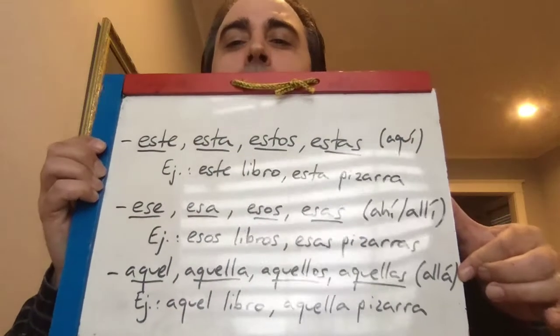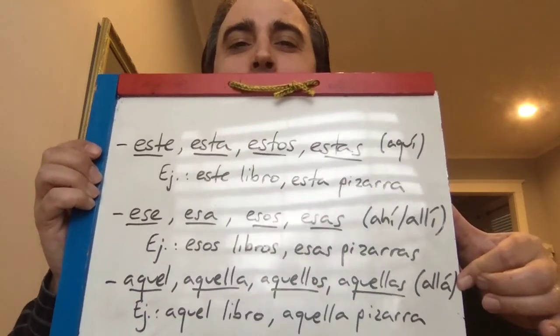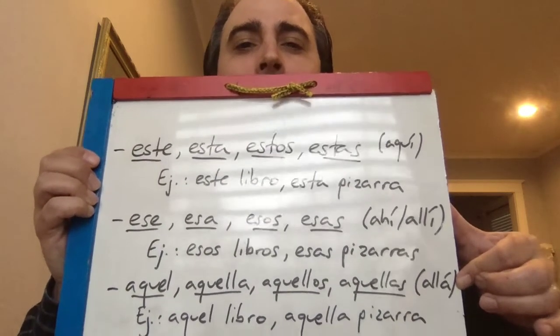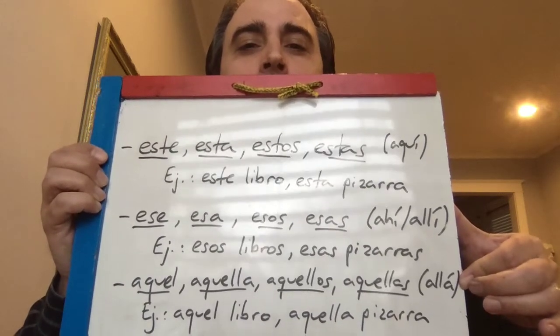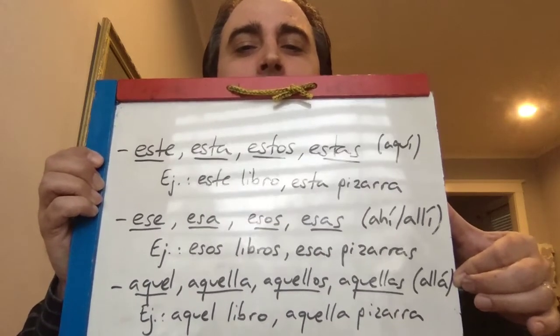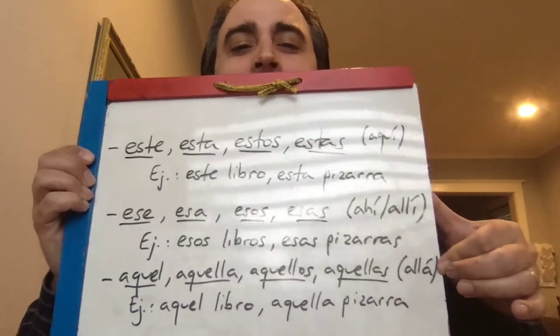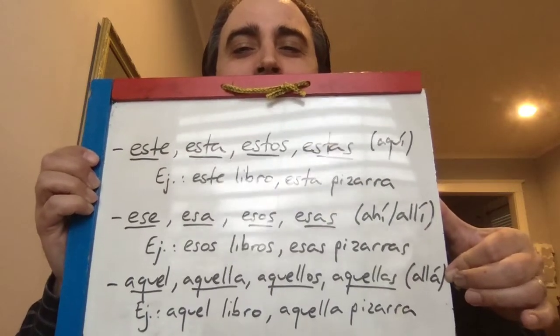Finalmente, tenemos allá. Allá significa over there or way over there, meaning really far away. In that case, if you see that word in a sentence, we will use aquel, aquella, aquellos, o aquellas.